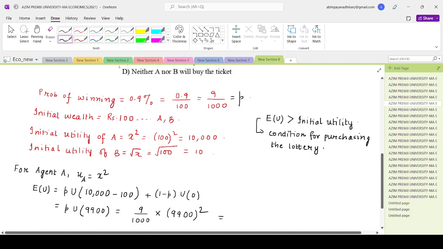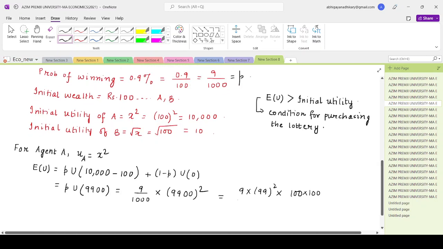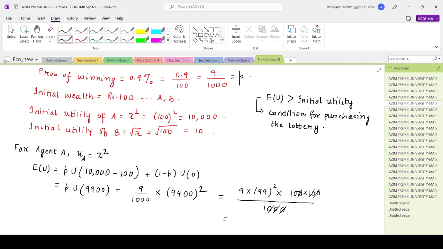So if you check it out, it will be 9 into 99 squared into 100 into 100 divided by 1000. So 3 of the zeros will go. This will give us something which is definitely higher than 10,000, right?